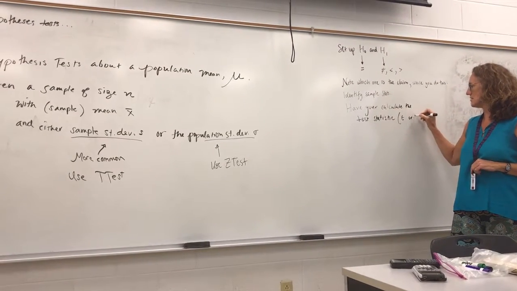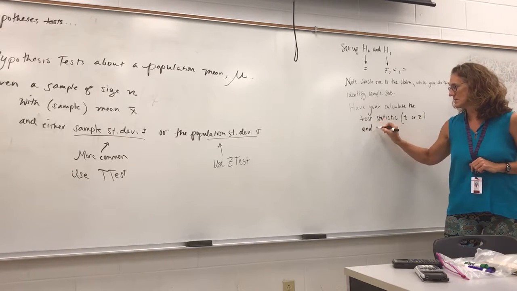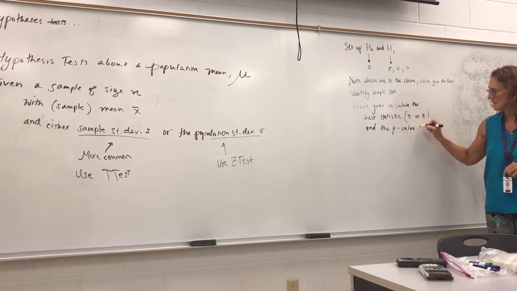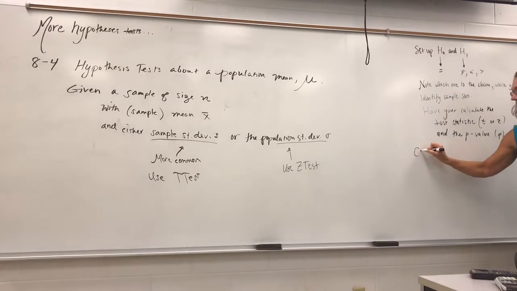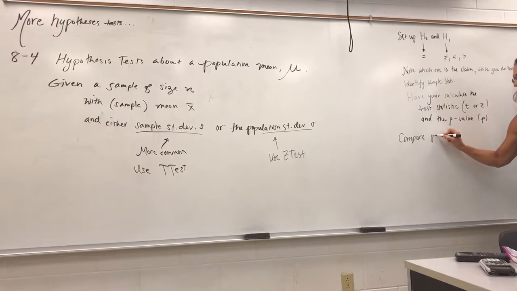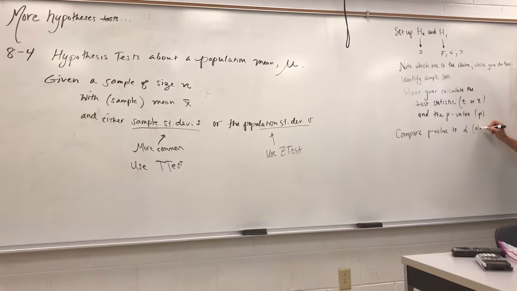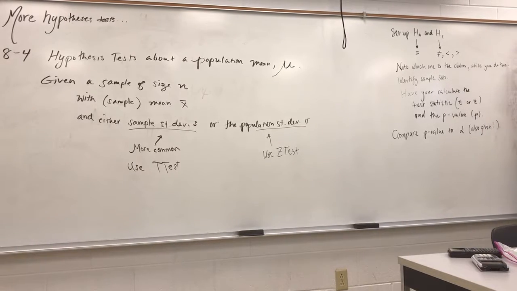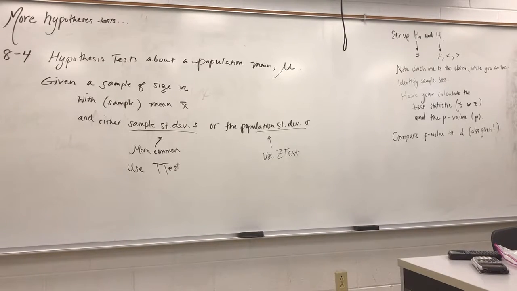Sometimes it's a z-score. And the p-value, which it just calls p. Then you compare your p-value to alpha, which is also going to be given, so you have to look for it. They'll tell you what to use for alpha. Remember, it's usually 0.05. Sometimes it's 0.01.